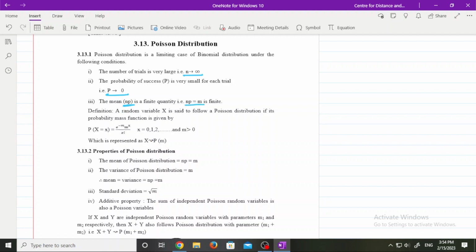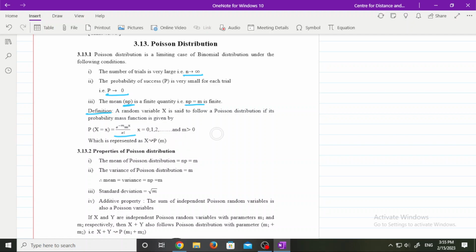Now the definition of Poisson distribution. A random variable X is said to follow a Poisson distribution if its probability mass function, that is p.m.f., is given by P(X = x) equals e raised to minus m, m raised to x divided by x factorial, where x is equal to 0, 1, 2 up to infinity, and the value of m is greater than 0.